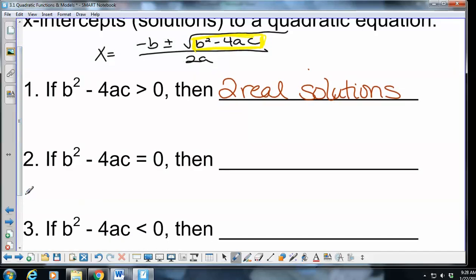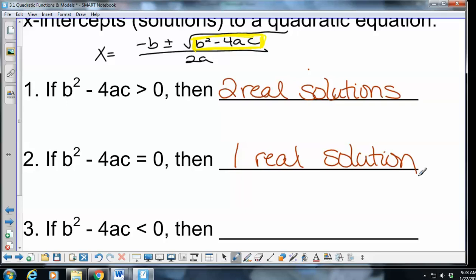What if it's 0? Something plus 0, and something minus 0, don't those equal the same thing? So in terms of our solutions, we just get the same number out twice. So we're getting one real solution. What if that's a negative under the square root?